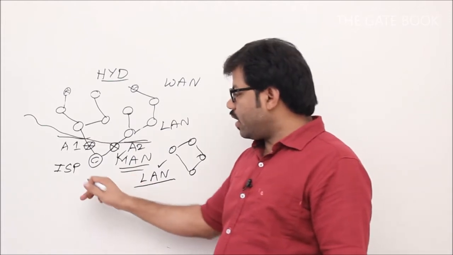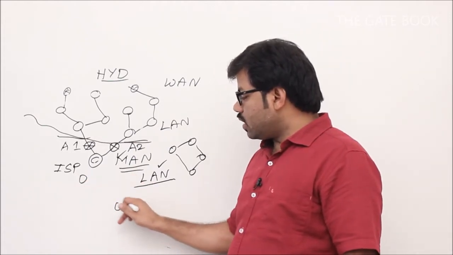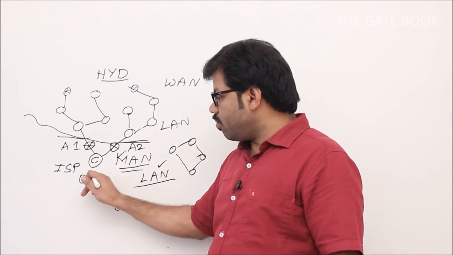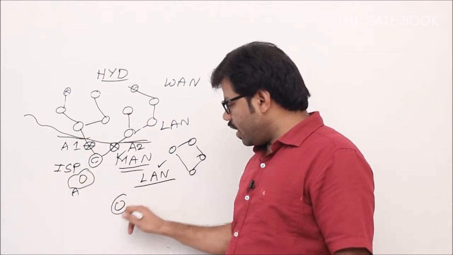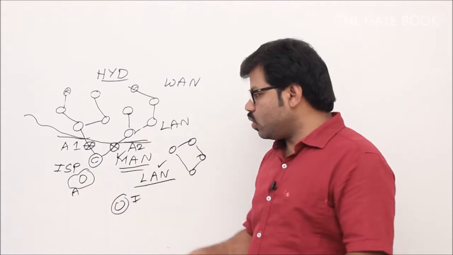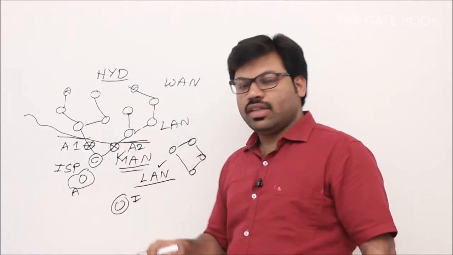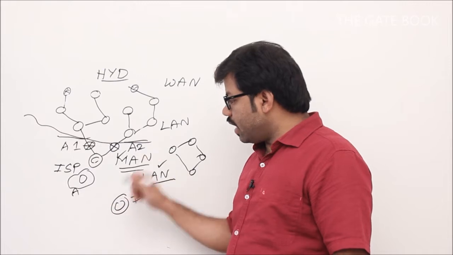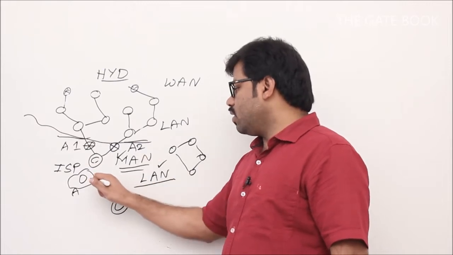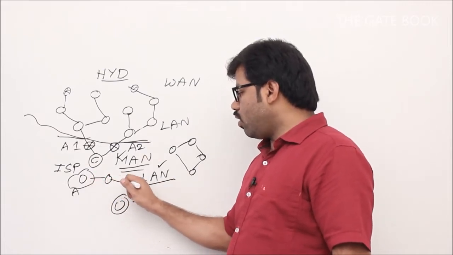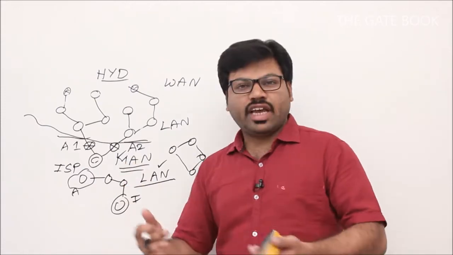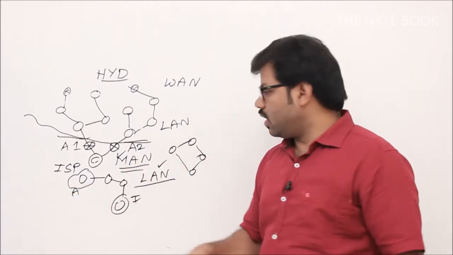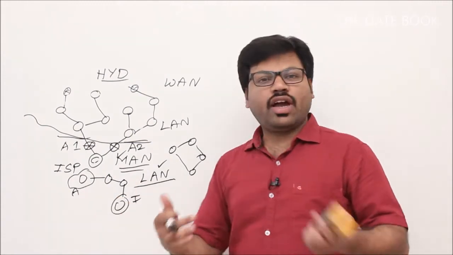Example, let's say there is a network in America and one network in India. To have connectivity between these two, the ISP providers have to connect them, and they may use a lot of architecture, like putting cables through oceans. See, from America to India, how can you have connectivity?